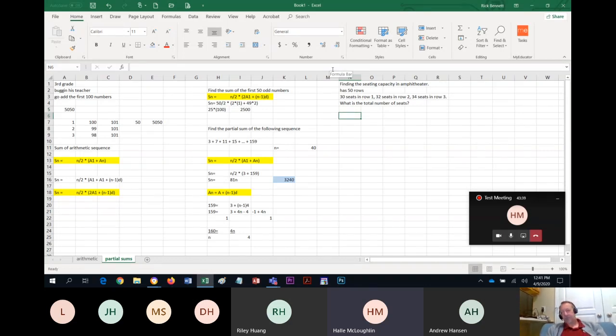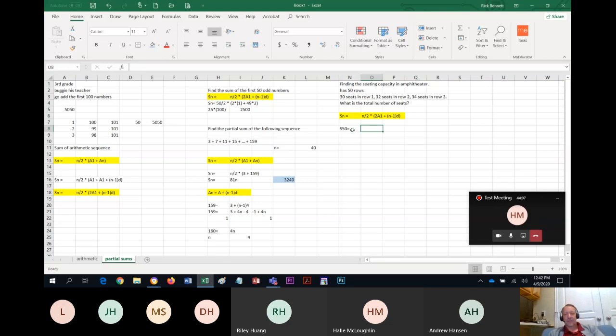Amanda's? Would we use the first equation that S of n equals n divided by 2 times 2a plus n minus 1 times d? Oh, the second equation here, this one here? Yeah. So we can use that one. That's a good one. Okay. So S sub 50 essentially is what we're looking for, equals what?